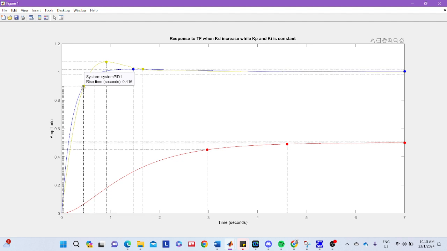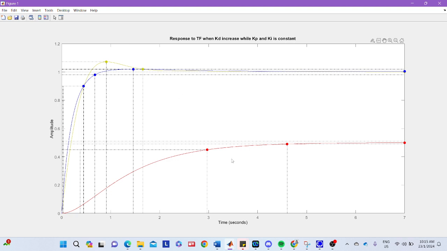The rise time I get for this graph is 0.416, overshoot is 7.2, settling time is 1.65, and there is no steady state error. For the second system, the rise time is 0.425 seconds, settling time is 0.678, and overshoot is 1.9.